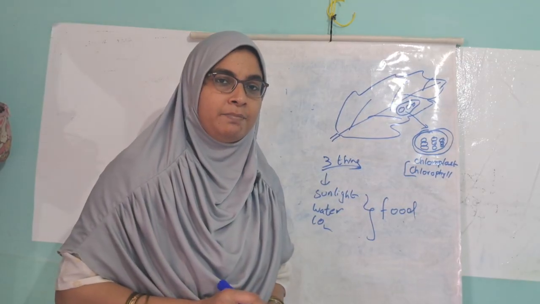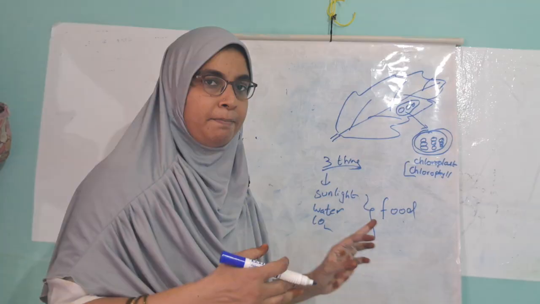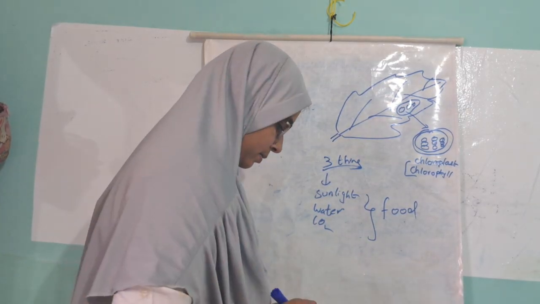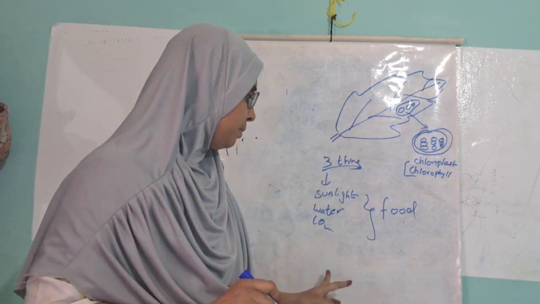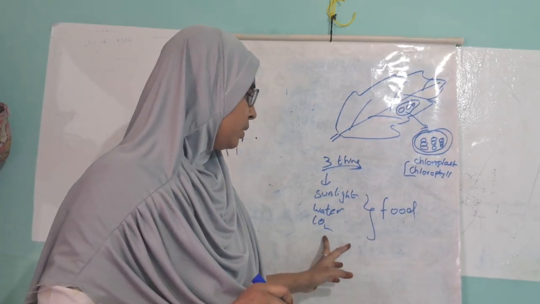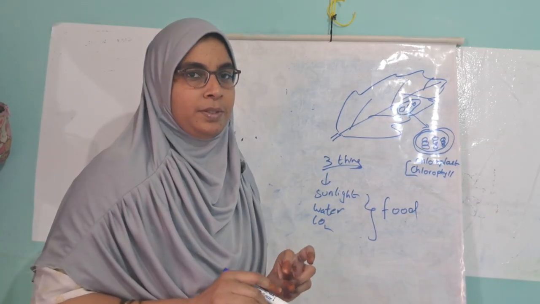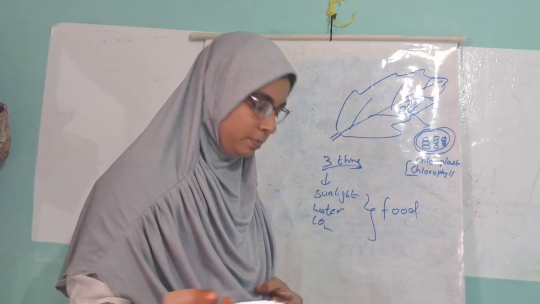How does a plant prepare food? By using sunlight, water, and carbon dioxide. Here is a trick: sunlight plus water plus carbon dioxide is equal to plant food. Remember it like this.